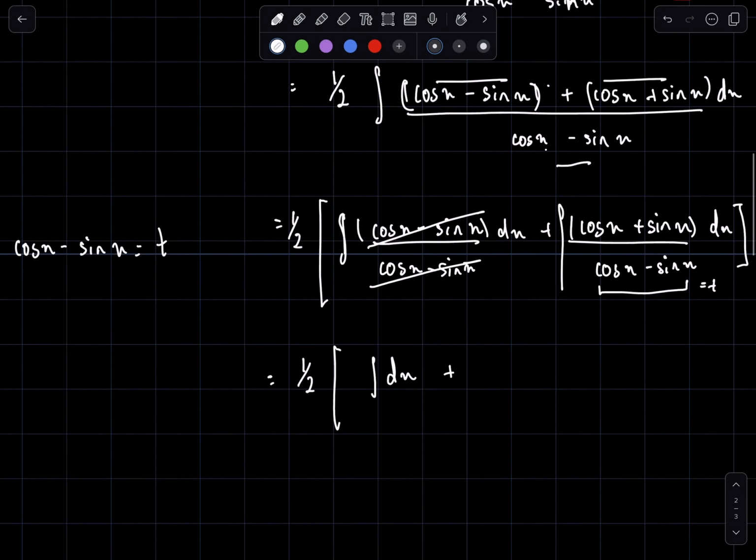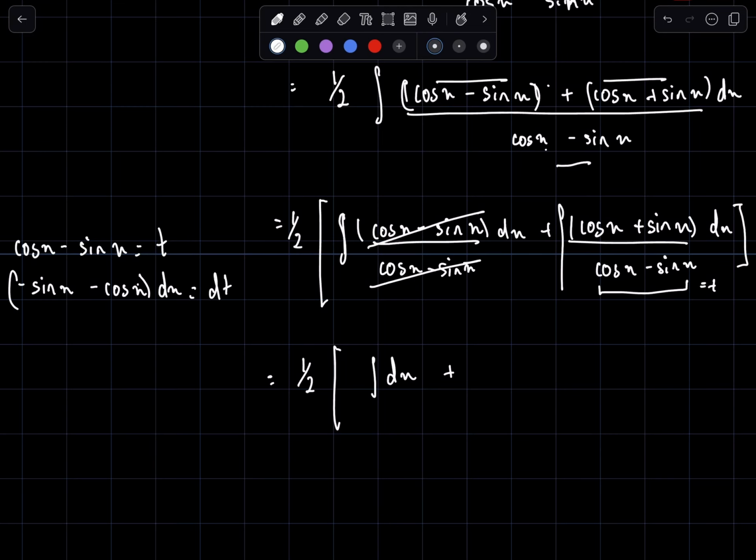Then differential of sin x is cos x, so minus cos x is equal to dt. Okay, forgot the dx, so this whole times dx is equal to dt.